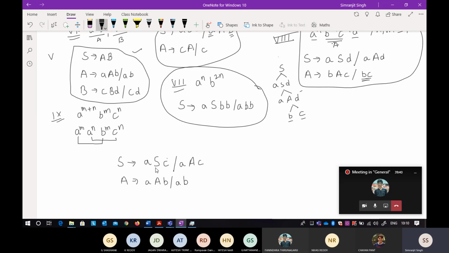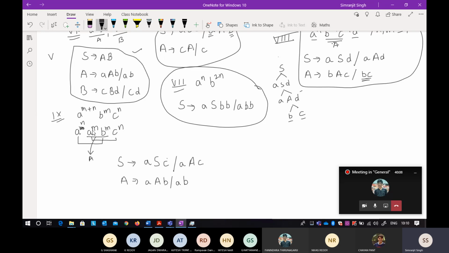Now what exactly is happening here? These two things are considered under one variable, that is your A variable, and the a's and c's, let me see if it is equal. I don't think it is equal, but you can also write it like this: a raised to power n. You can do it like this also.